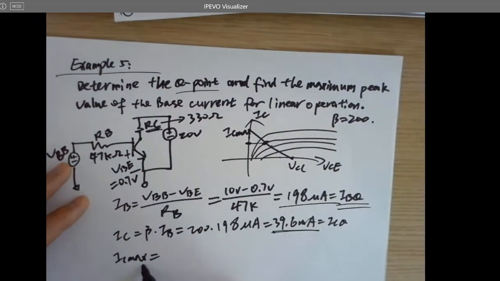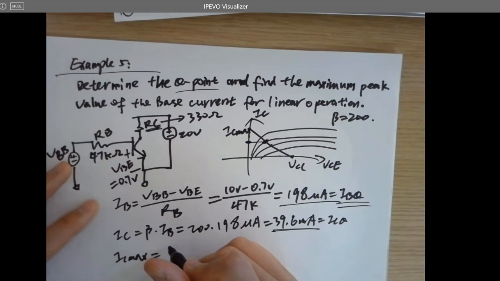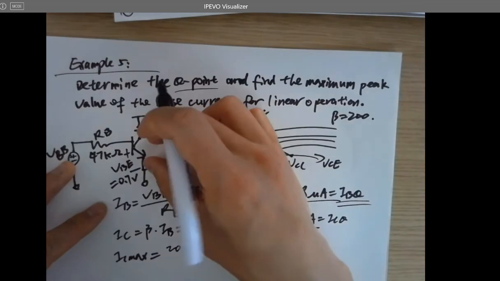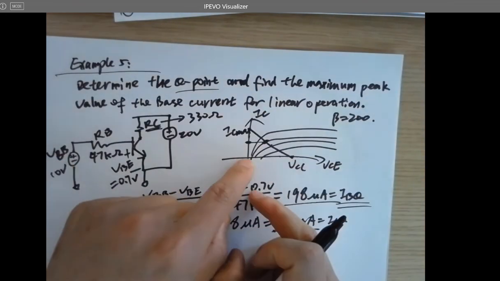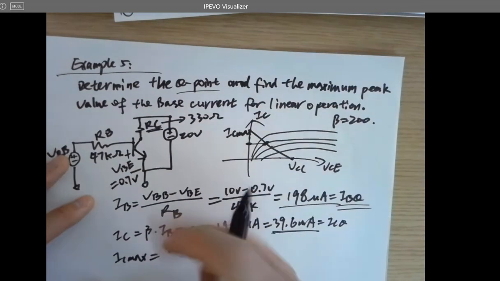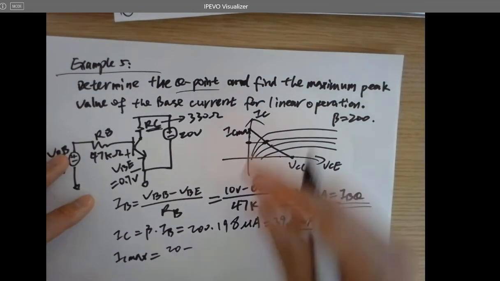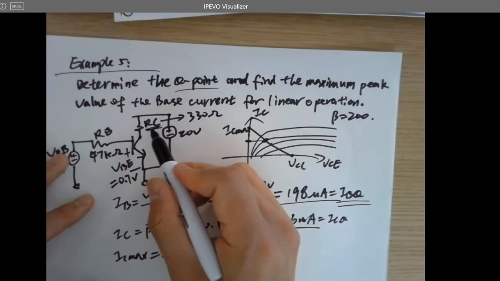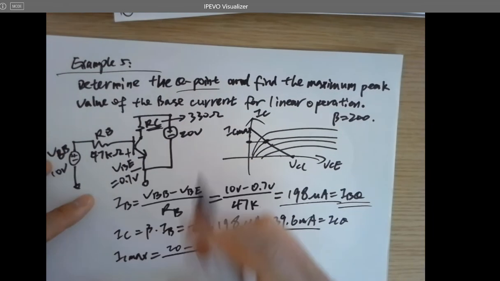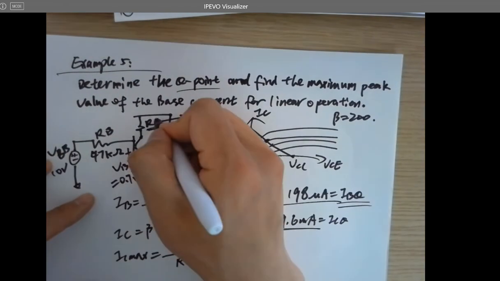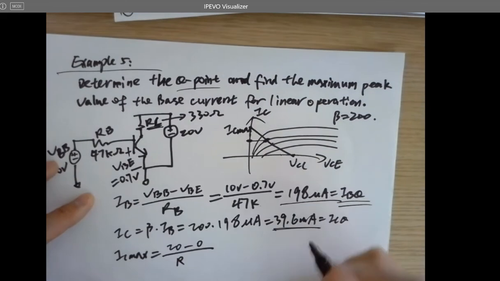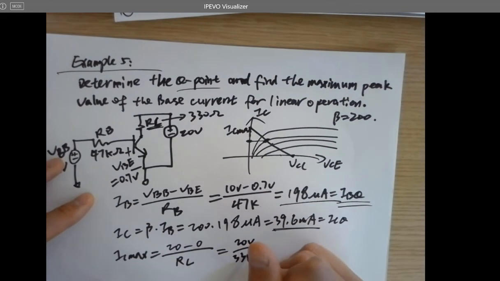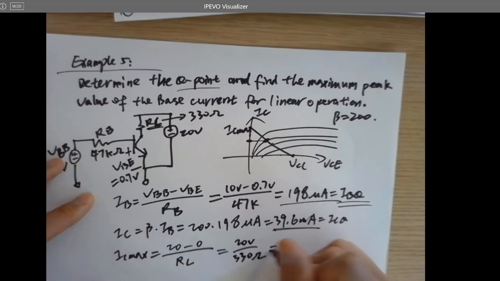Find out the IC max. It's going to be 20 volts minus VCE, which is 0 volts, because here the x-axis is 0, over RL. I think this is RL, not RC. Sorry for that. Just call it RL.